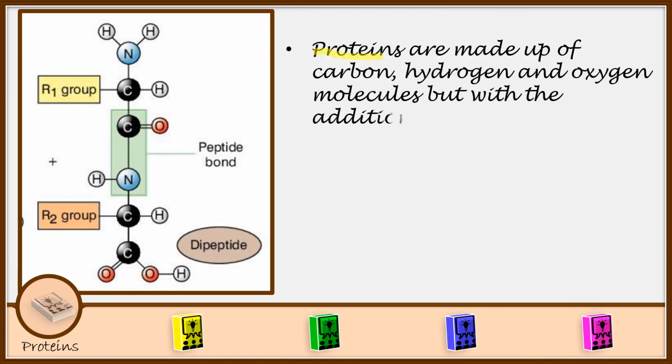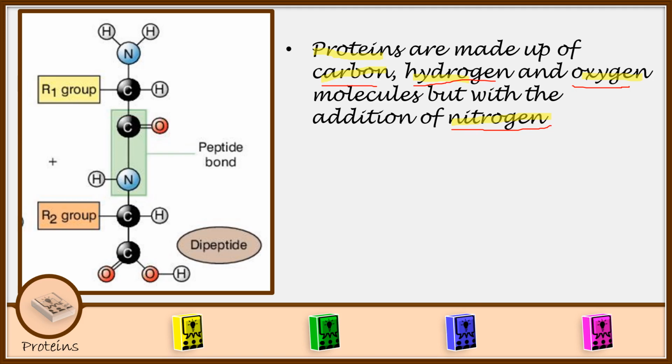Proteins are made up of carbon, hydrogen, and oxygen, but with an addition of nitrogen. So our protein is made up of carbon, hydrogen, oxygen, but also there is nitrogen.